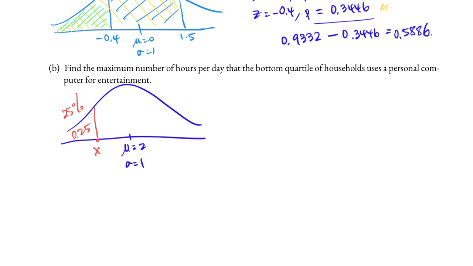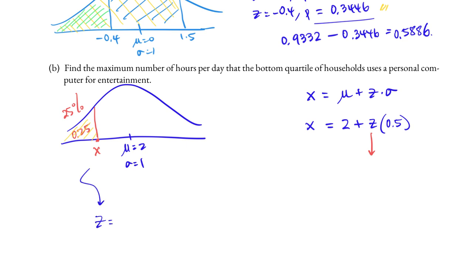And the formula that allows us to do so is x equals mu plus z times sigma, where x is unknown, mu is 2, plus z times the standard deviation, sigma 0.5. We have everything we need except the z-score. But with an area on the left-hand side being 0.25, we can find the corresponding z-score.